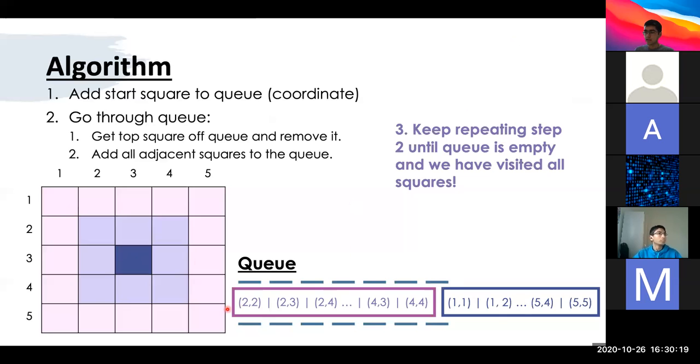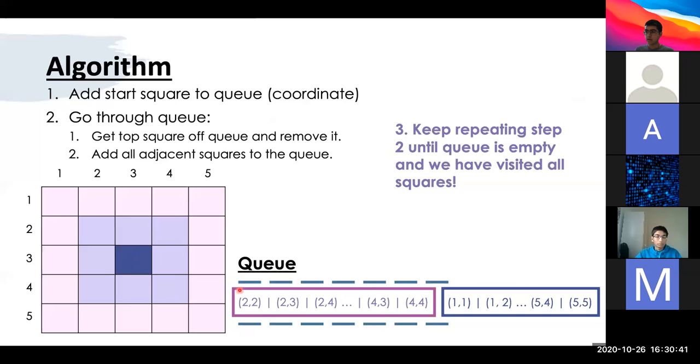The stuff in this purple box over here is all one step away from the starting point. They're these light purple squares over here. And the stuff at the very end of the queue was 2 steps away from the starting point. They're these light pink ones over here that are further away from the center.